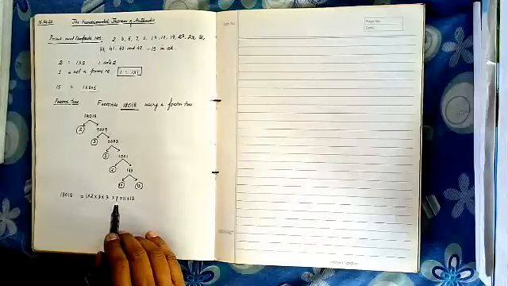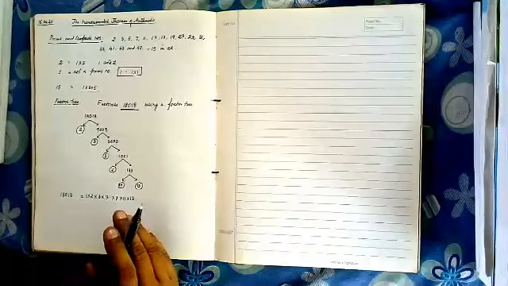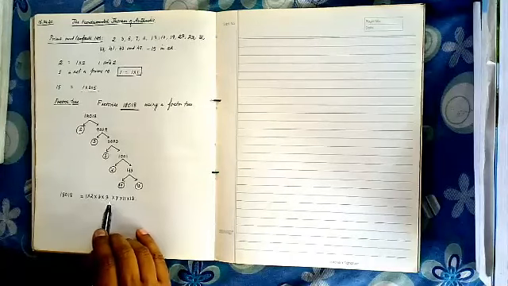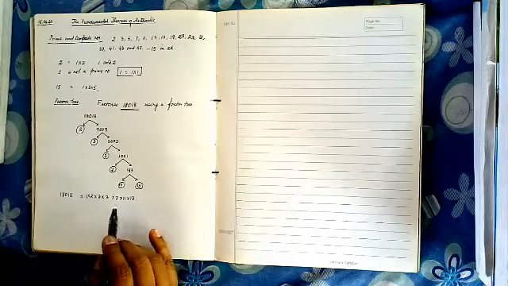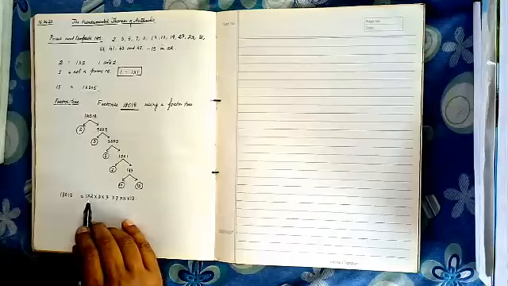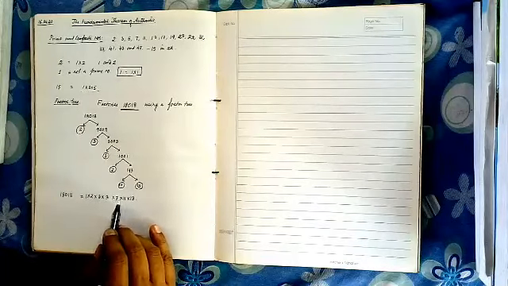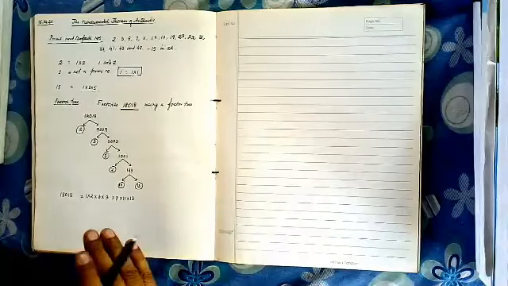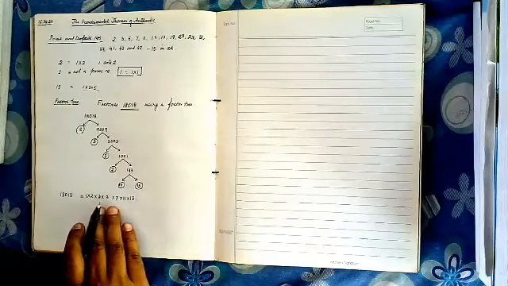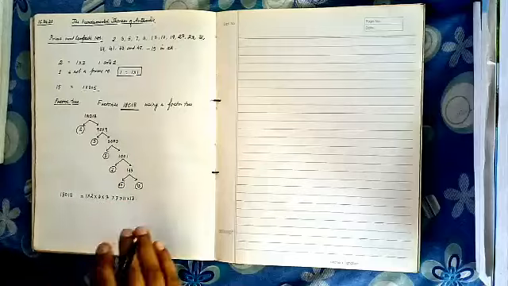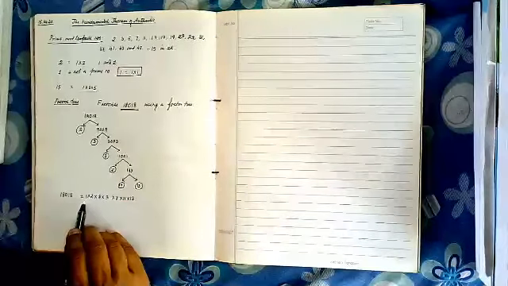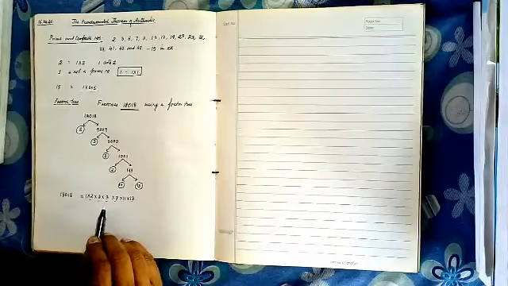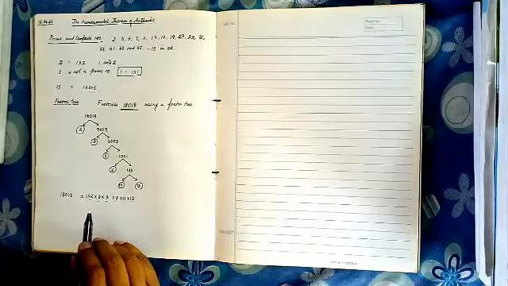What will be the difference? The difference will be in the order of occurrence of the factors. Somebody may write 2 into 3 into 3 into 7 into 13 into 11. So the order of occurrence of the numbers can differ. But the prime factorization is unique. You always will get the same factors.